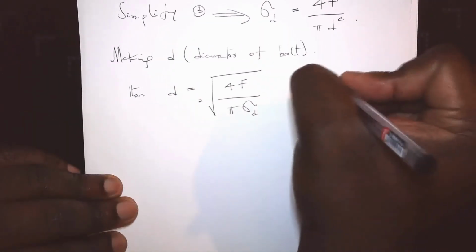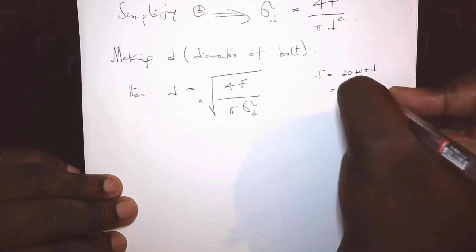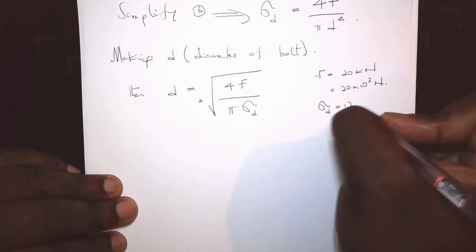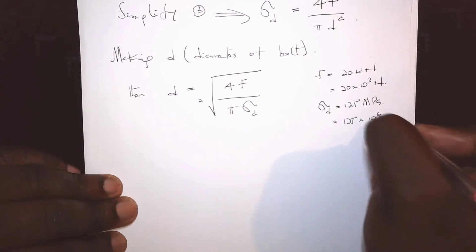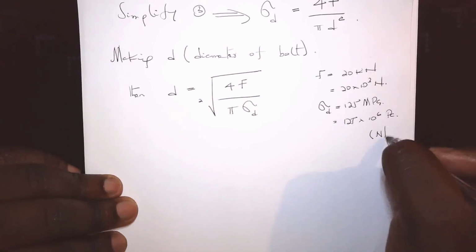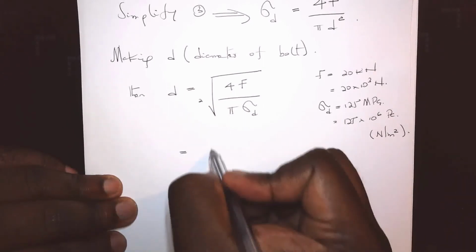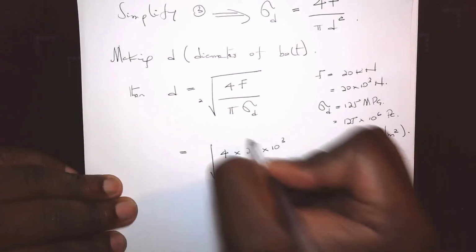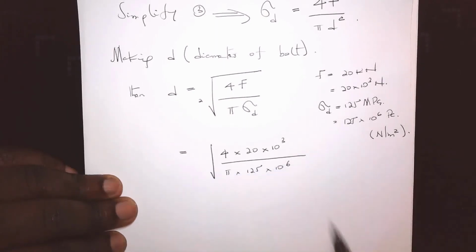We know that F is given as 20 kilonewtons, that's basically 20,000 newtons, and we've calculated sigma d to be 125 MPa, which is 125 times 10 to the power 6 Pa. And don't forget that Pa is the same as newton per meter squared. So if we substitute known variables, we'll have 4 times 20 times 10 to the 3 over pi times 125 times 10 to the power of 6.